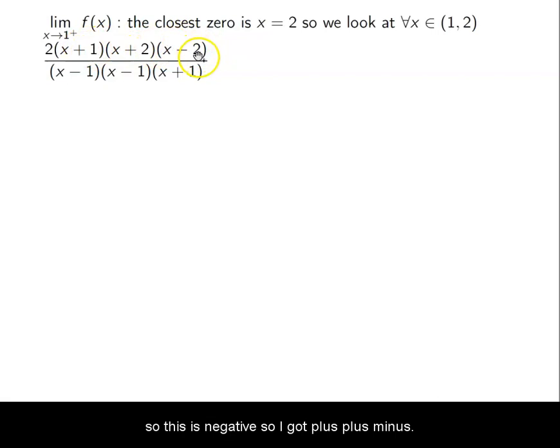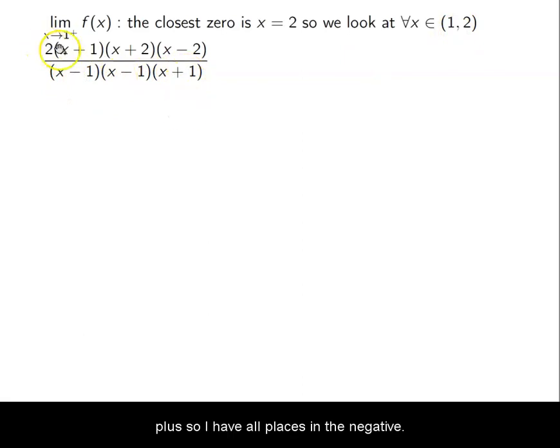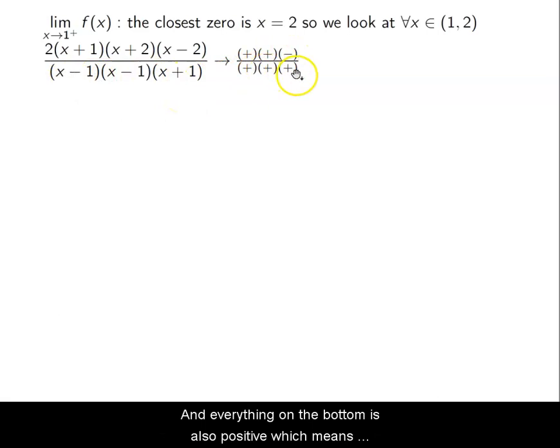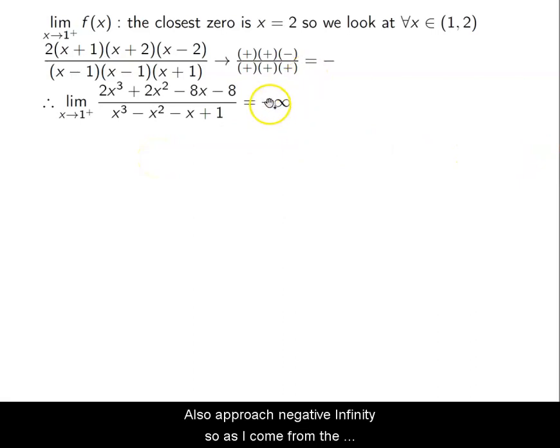So I got plus, plus, minus. Here, these are all larger than 1, so this will be plus, plus, and plus. So I have all pluses and a negative, and everything on the bottom is also positive, which means overall I have a negative value. So the limit as I come from the right will also approach negative infinity.